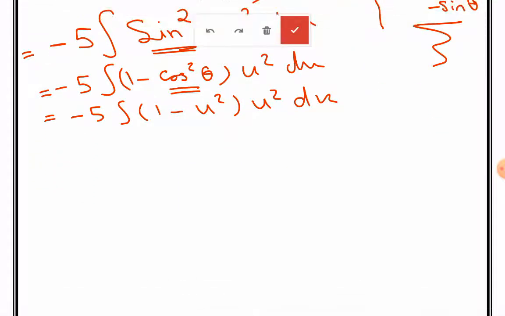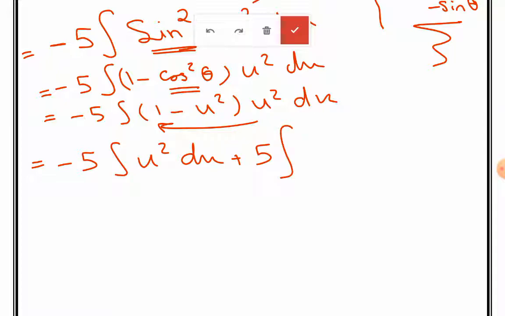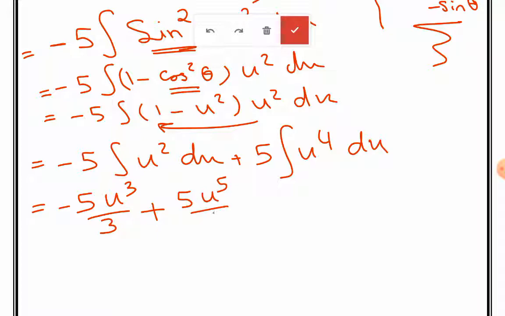Okay, and then equals negative 5 the integral of u squared times 1 minus u squared du, it will be positive 5 now, negative 5 times negative is positive 5, the integral of u to the power of 4 du, equals negative 5 u to the power of 3 over 3 plus 5 u to the power of 5 over 5 plus c, and cross out 5 with 5.